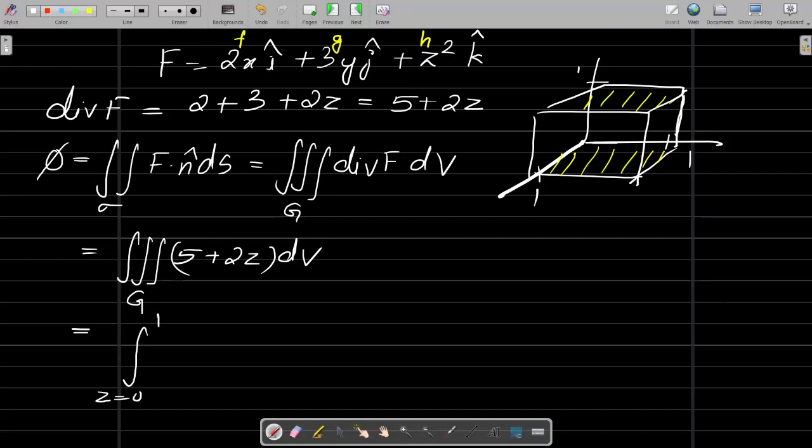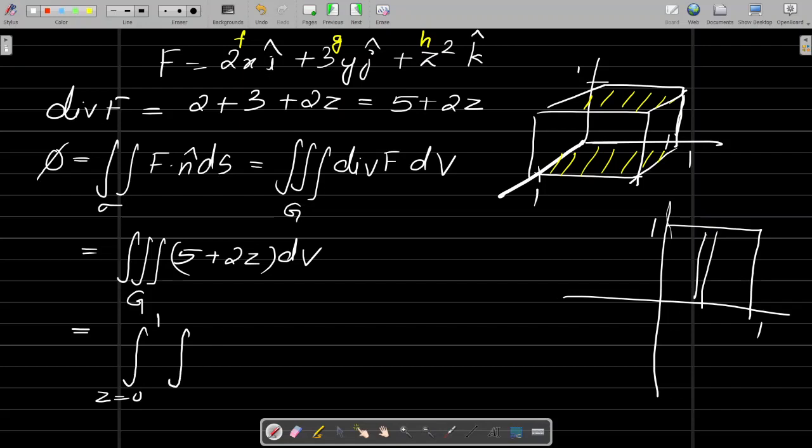Now you have to take the projection of the surface onto the xy plane. The projection of the surface onto the xy plane is this given region, a square with side 1. If I take a strip like this, this is a rectangular region, so the y limits are 0 to 1, and the x limits are also 0 to 1.